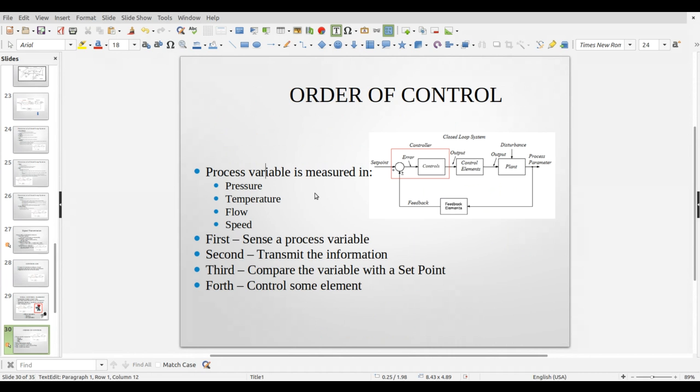All right, so when we're going to program this in our PLC, the first thing we have to do is read in our input from our process variable, and we may have to scale it. Technically our process variable might be pressure, or the level of water in the tank, or a voltage, but then it's converted into a 4 to 20 milliamp signal, or a 0 to 10 volt analog signal.